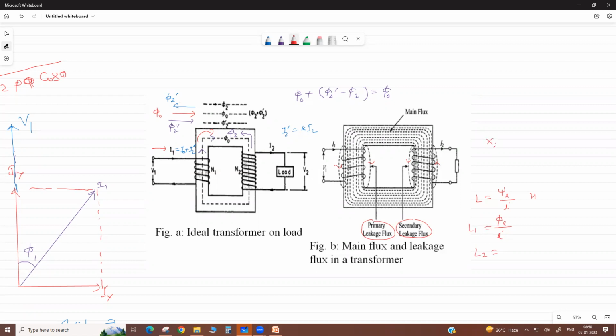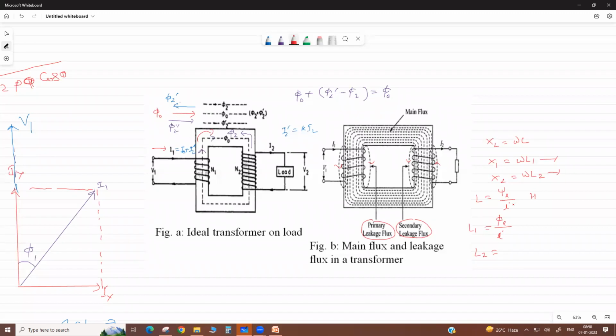Then XL equals omega L, so for primary it is omega L1. Due to leakage flux in the secondary, there is a secondary leakage reactance. So these are the leakage reactances of primary and secondary.